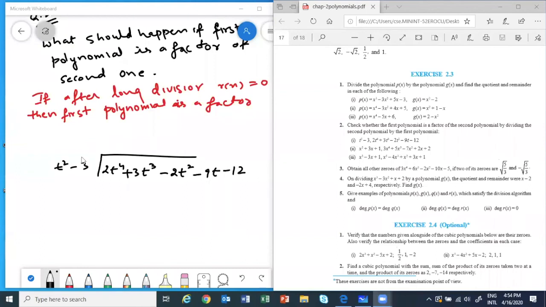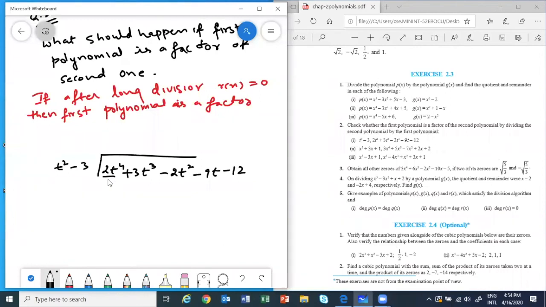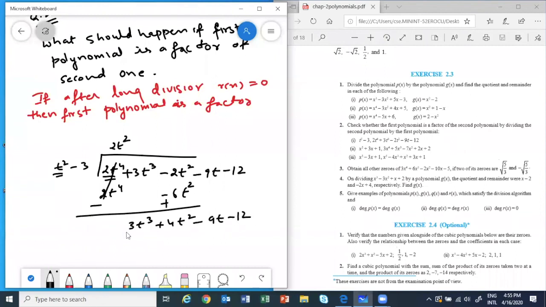See, for those who haven't done, we want to eliminate 2t power 4. We have t square. On dividing, I will get 2t square. So then you will get 2t power 4 and then minus 6t square. So I'll put it here under t square, minus 6t square. Change the sign. This will cancel out. 3t cube as it is. Here what will happen? Plus 4t square minus 90 minus 12. Next, now we want to eliminate 3t cube.